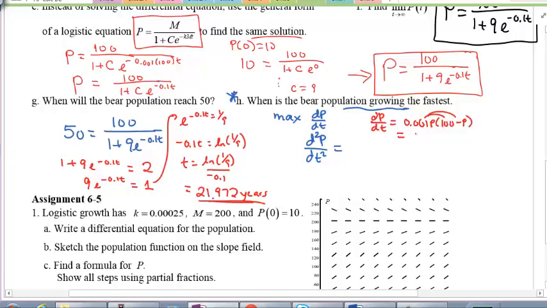And if we distribute, I think we get 0.1 P minus 0.001 P squared. So that's my derivative, and I'm asking you to find the max. You're going to take the derivative of that derivative and set it equal to 0. Basic power rule here. And if I make this equal to 0 and solve for P, what do you get?